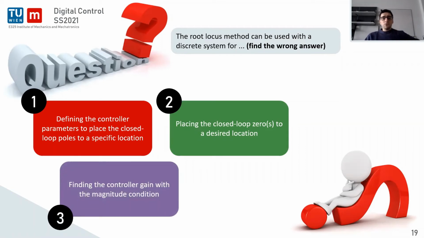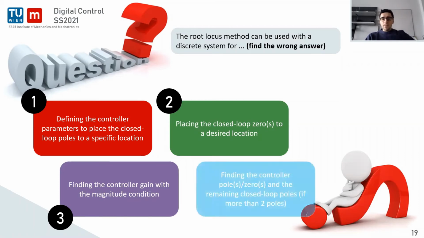So I can use a magnitude condition to find the K for my controller. And the last statement is you can find the controller's poles and zeros and the remaining closed loop poles if there are more than 2 poles. So this last statement is saying that you can find all the poles and zeros of the controller and also the remaining closed loop poles of the system if they are unknown.